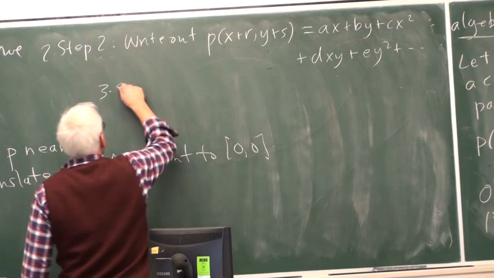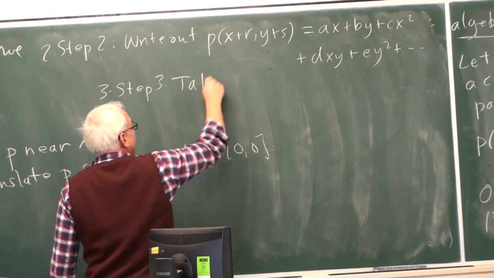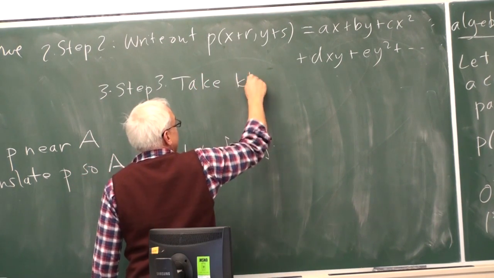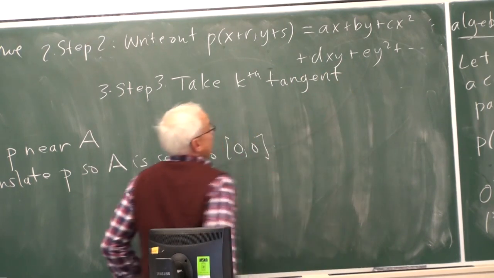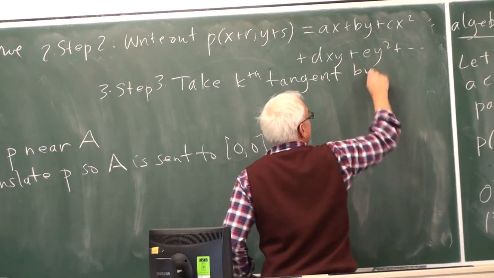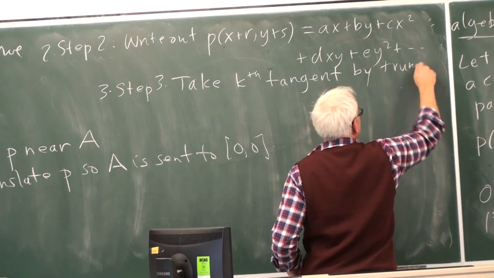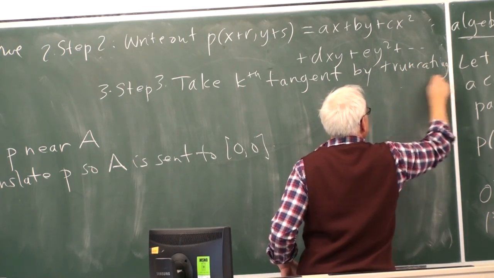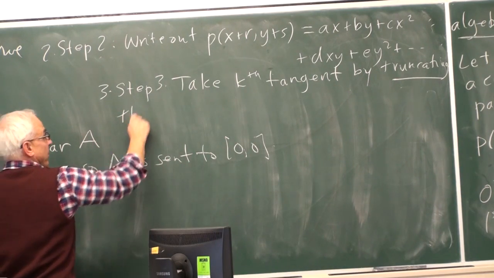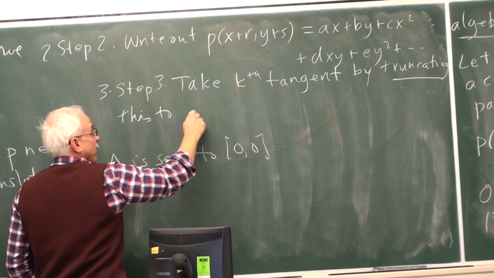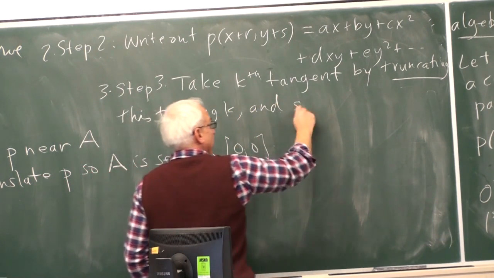So step 3, take the kth tangent by truncating, that's the critical word, by truncating this to degree k and setting it to 0.